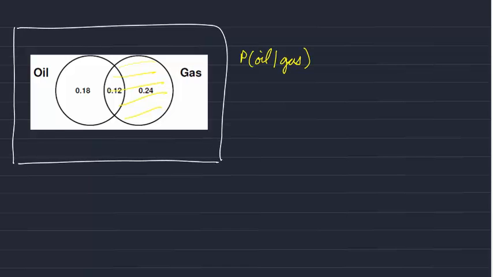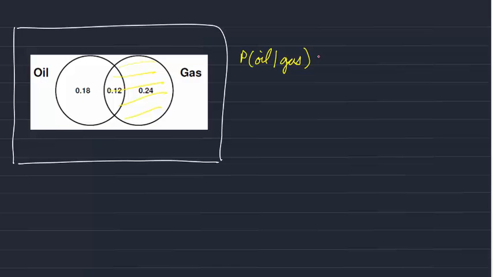The fact that we're in the gas circle means that we have a different probability of finding oil than if we were just anywhere in this space. Since we're in this gas circle, what's the probability that if we randomly put our drill hole anywhere in here, we will also get oil?